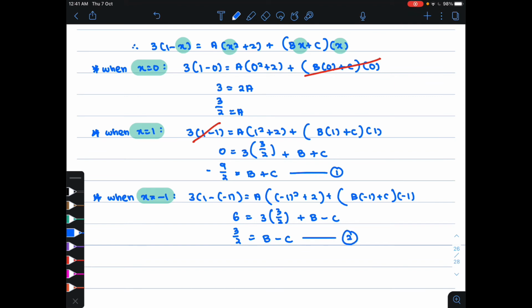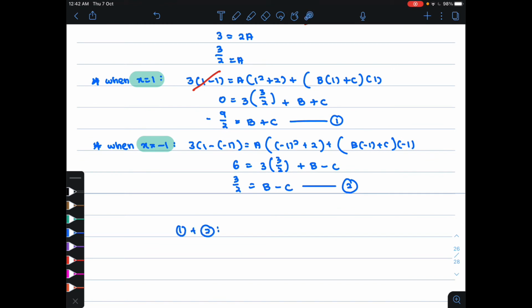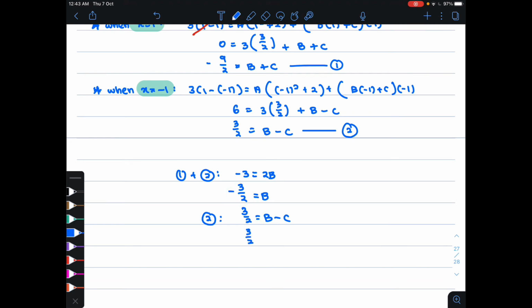And hence, the second equation is 3 over 2 equal to B minus C. So solve simultaneously to find B and C. B is negative 3 over 2, and hence C is negative 3.